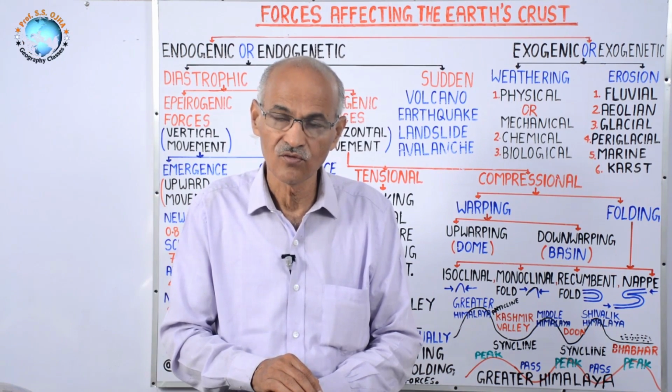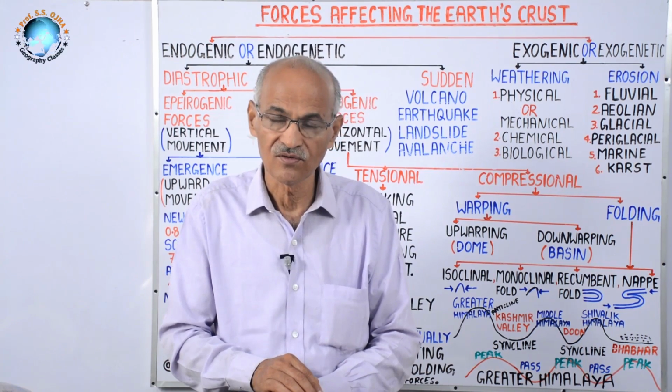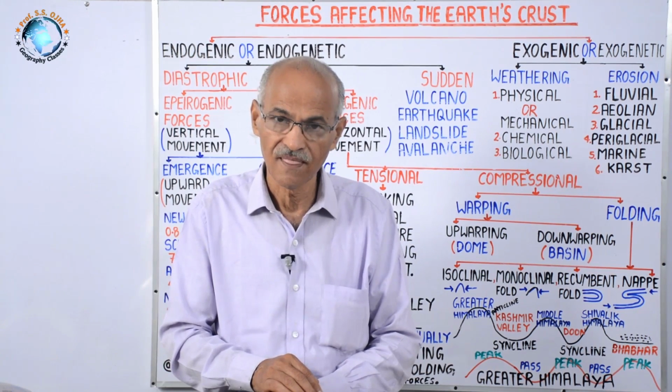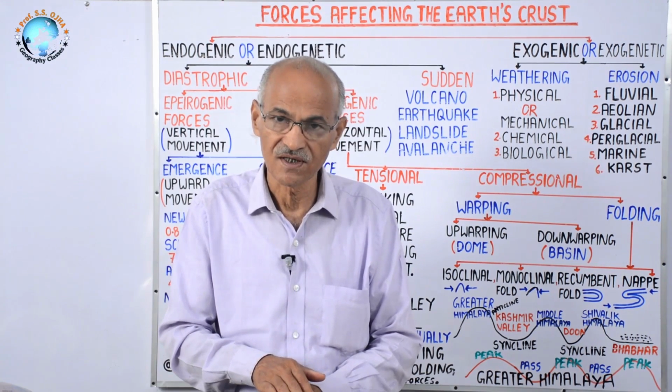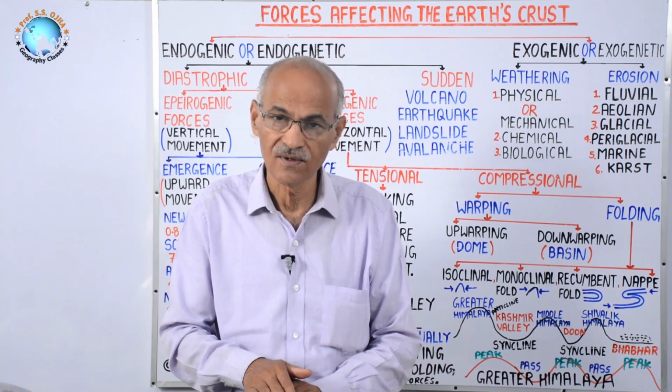There are a number of domes over plateaus, especially in the Ranchi Plateau in India. But that mid-lying part may be pressurized and it may go down. That will be called downwarping.